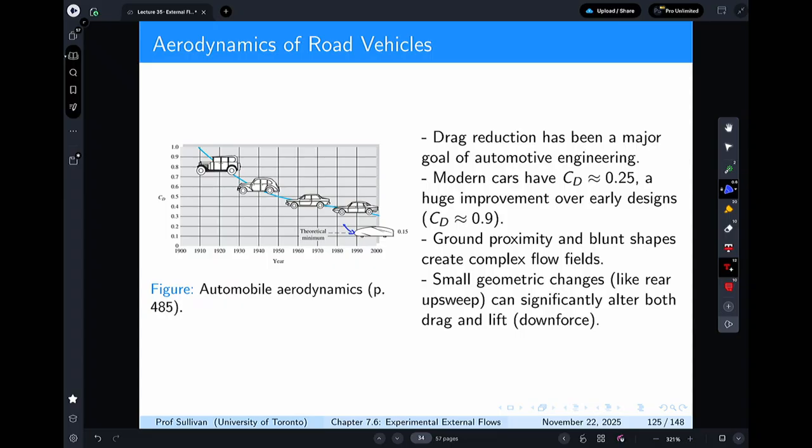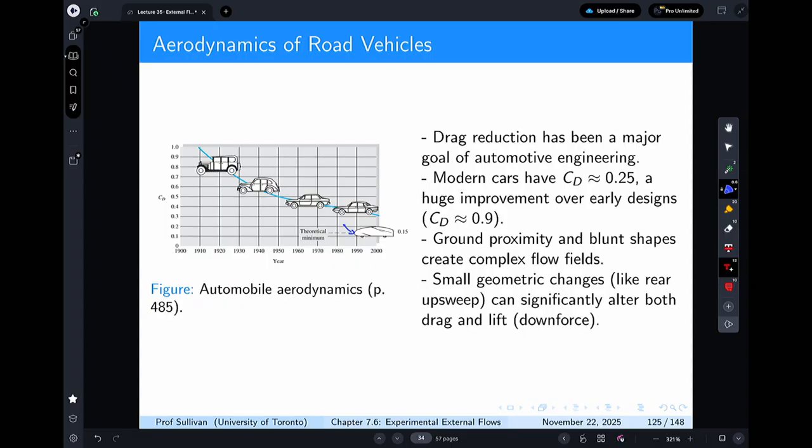There's a lot of work that's been done in terms of minimizing C sub D for automotive vehicles. But you can see that it started out with a ridiculously large number of 0.8, and it has since decreased. So most EVs, for example, are in the 0.2 to 0.3 range, which is below where they have that graph.